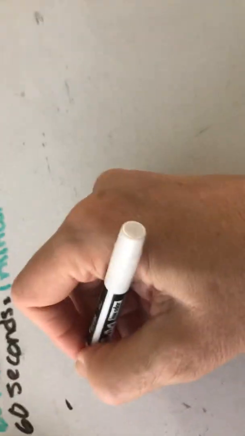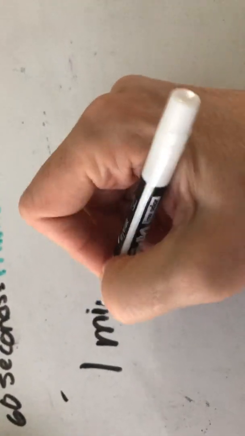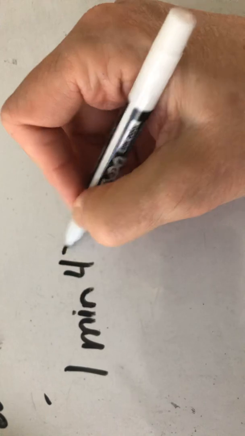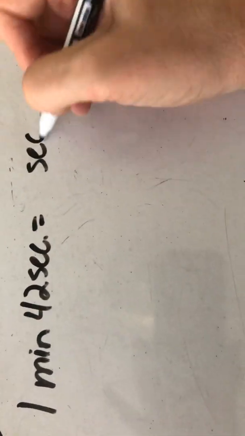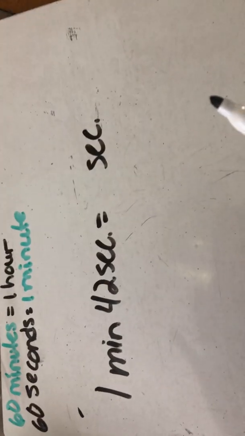Let's do one more like this. One minute, 42 seconds equals how many total seconds? If you need to, pause the video and do it before I go through it.